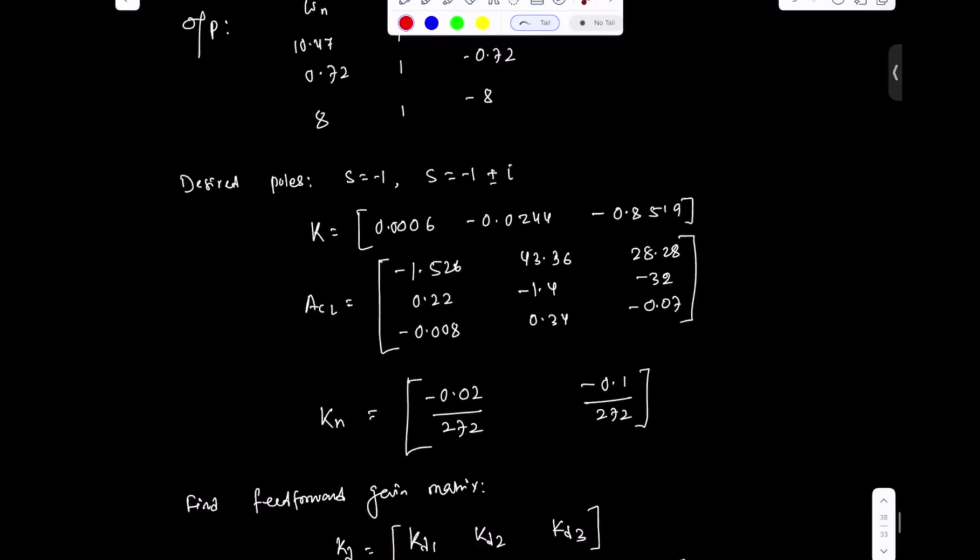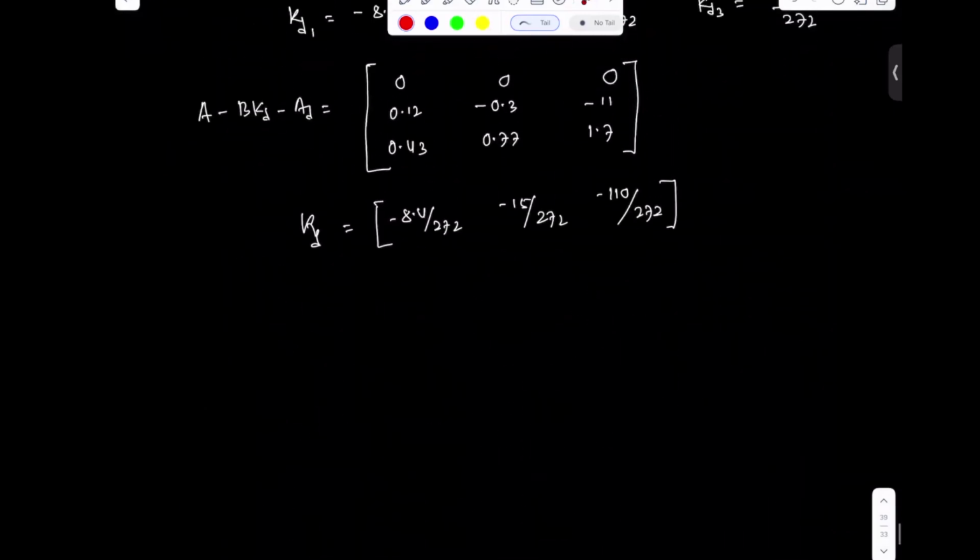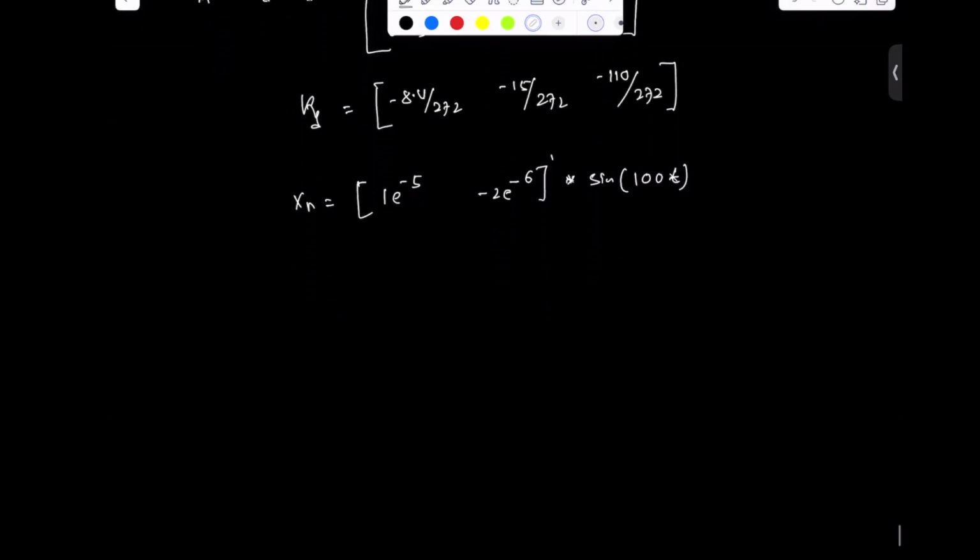So XM we are assuming to be 1 e to the power minus 5, minus 2 e to the power minus 6, and sine 100 t. Here 100 is the frequency.